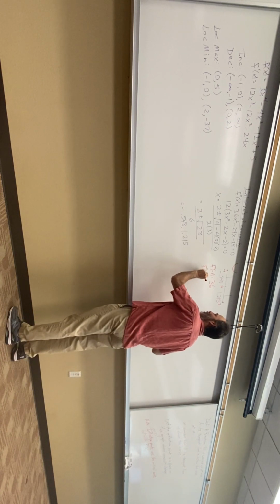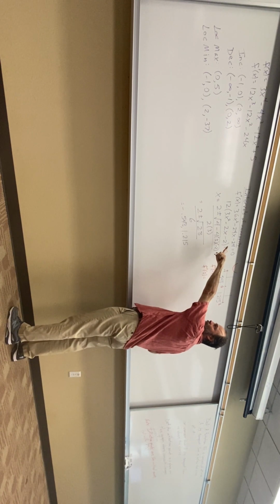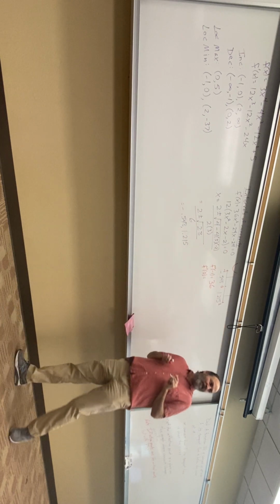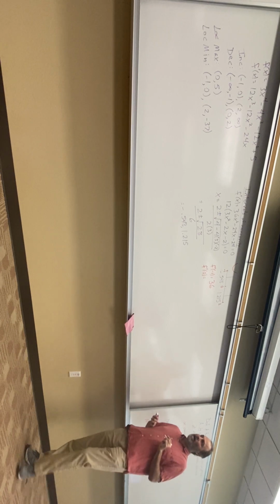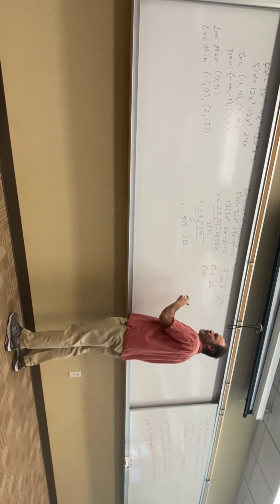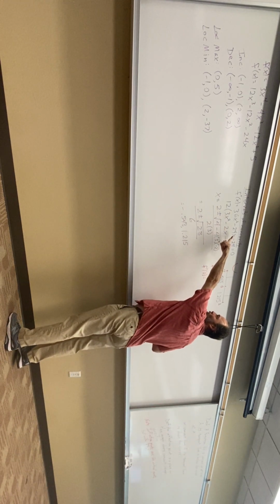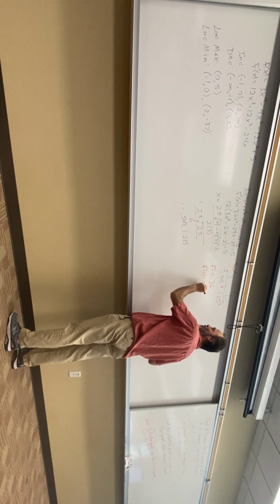F double prime of 0. And you could use the table function on this to evaluate these points. You don't have to do these by hand, but f double prime of 0. So that's going to be 0 minus 24.